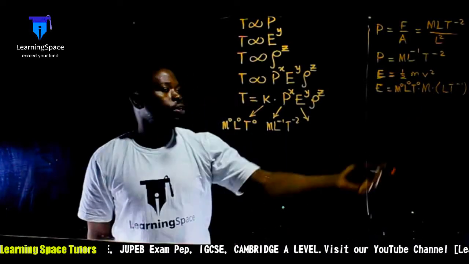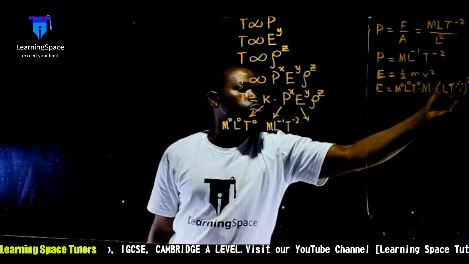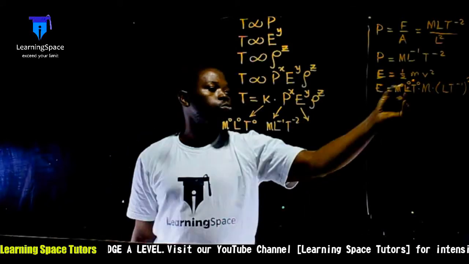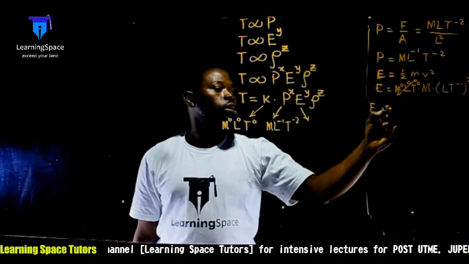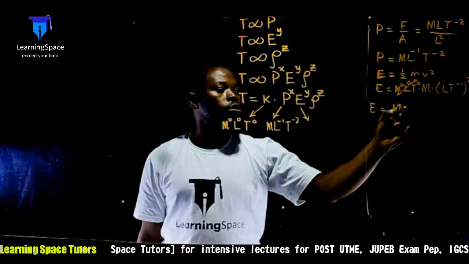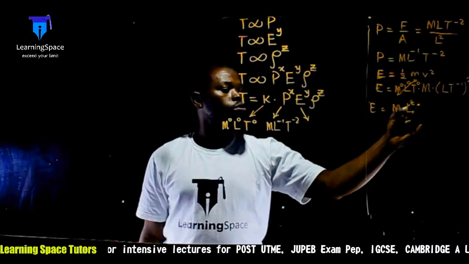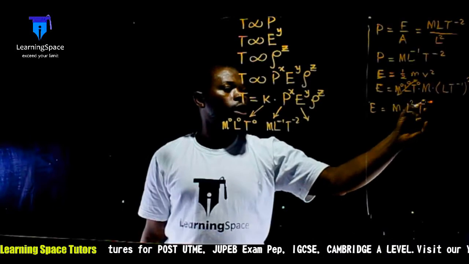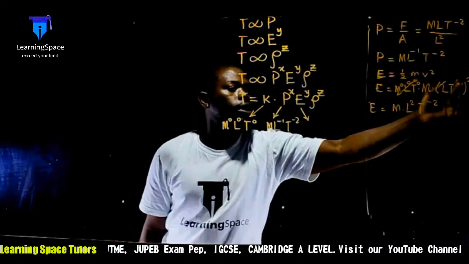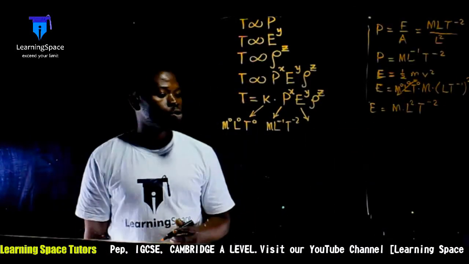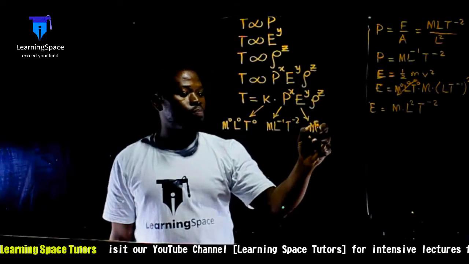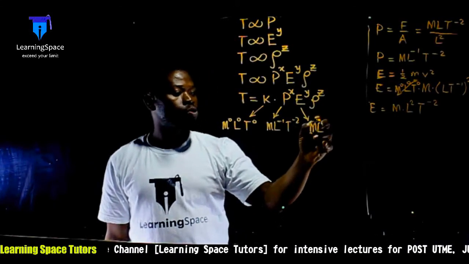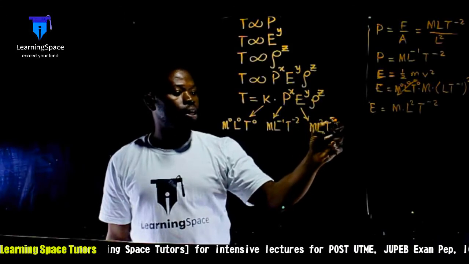Squaring this velocity, we will have a square here. So this one is automatically dimensionless. So this is M L raised to power 2 T raised to power minus 2 if we open this bracket with this power. So the dimension for a blast energy here is M L squared T minus 2.